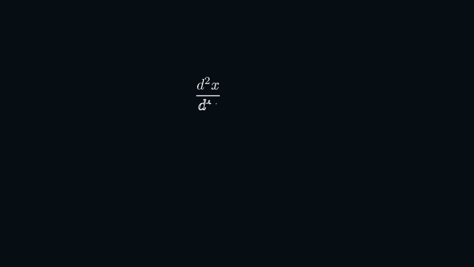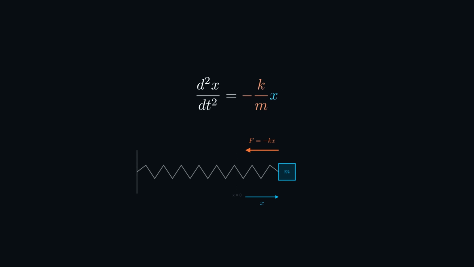This equation shows up everywhere: a spring pulled and released, a pendulum swinging through small angles. What it's saying is surprisingly simple. The acceleration of the object is proportional to its displacement, but in the opposite direction. Pull it to the right, and it accelerates to the left. Pull it further away, and the restoring force becomes stronger.